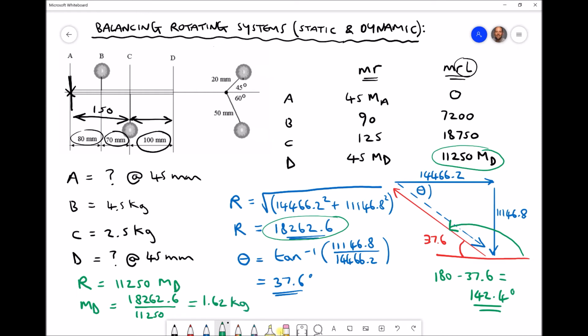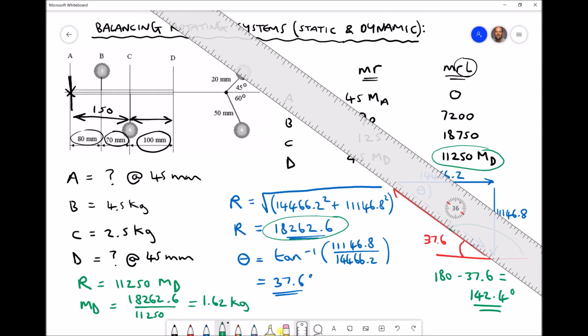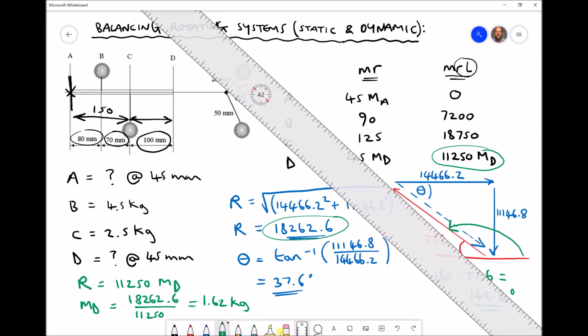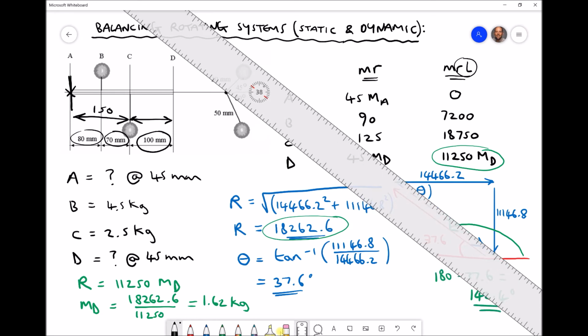So let's add mass D to our diagram. We know that it's on a bearing of 142 degrees. We know it has a magnitude of 1.62 kilograms. And we know that it's placed a distance of 45 millimeters from the neutral axis.